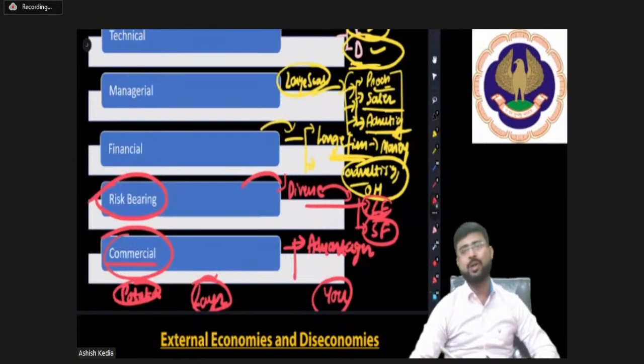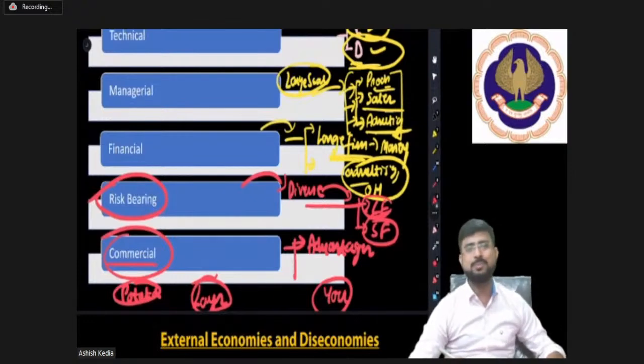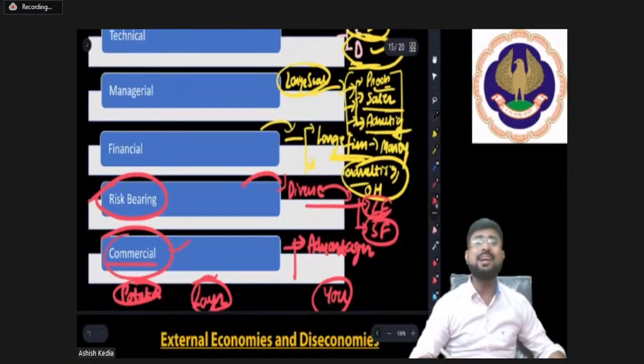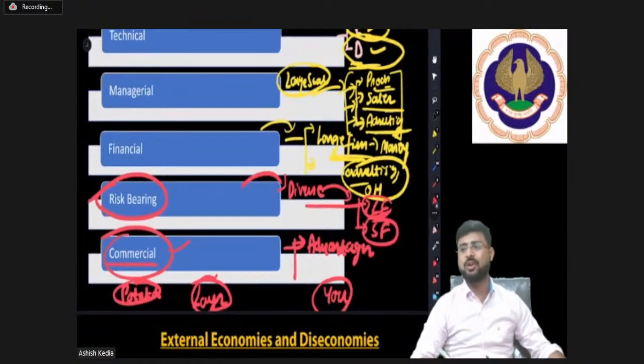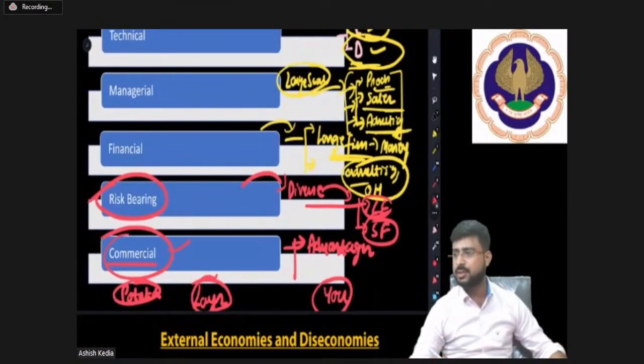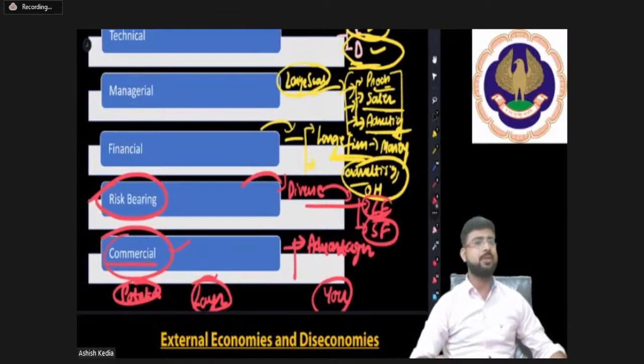Okay, friends, what did I want to tell you all? And what have I been explaining to you all? This only, that my dear friends, since you are able to buy raw material at a cheaper cost, you are facing an advantage. That's commercial economy. Very good, Rahul. Very good, Vishnu. Great answer. That's called commercial economies and diseconomies.